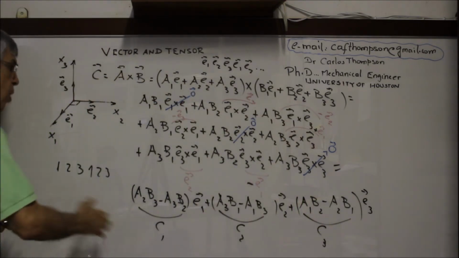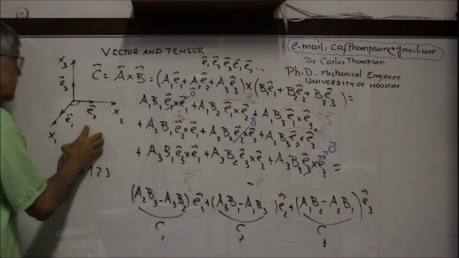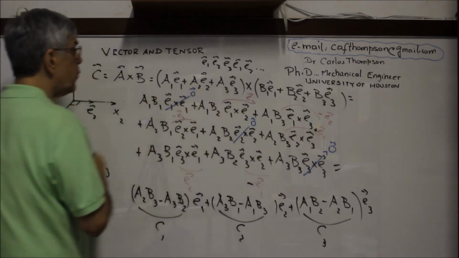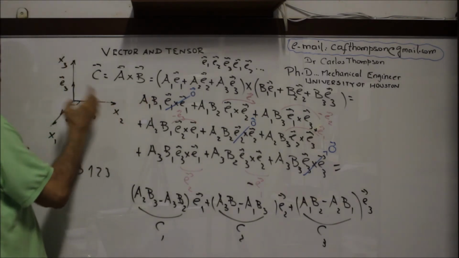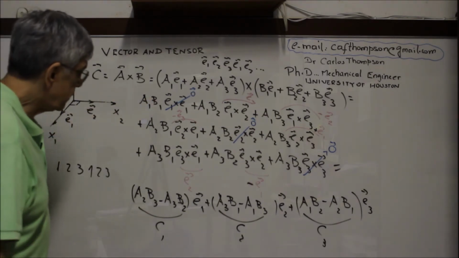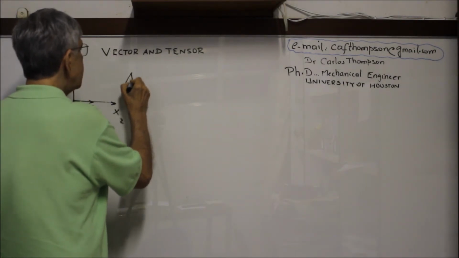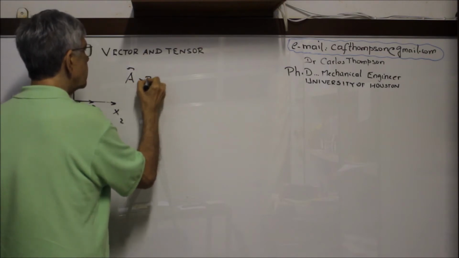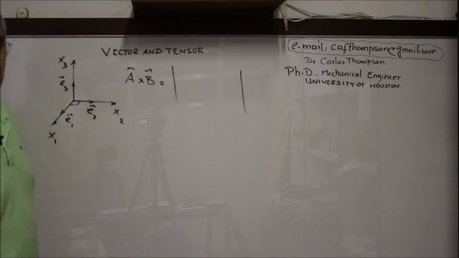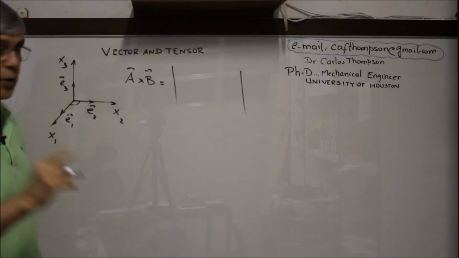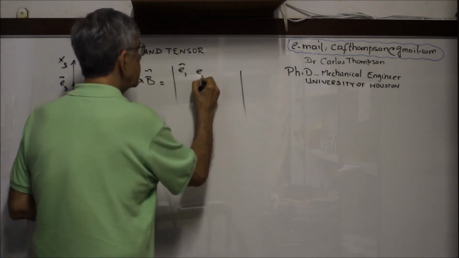In terms of the components in the orthonormal basis, A1, A2, A3 and B1, B2, B3 are the components of these vectors according to the standard basis. Somebody, I don't know who, represented the cross product A cross B using a determinant. Look, in the first row, just put the unit vectors.